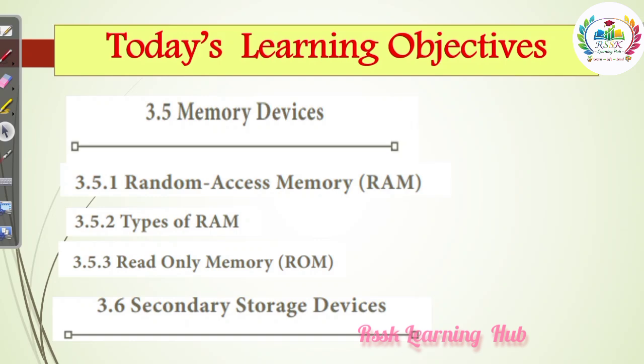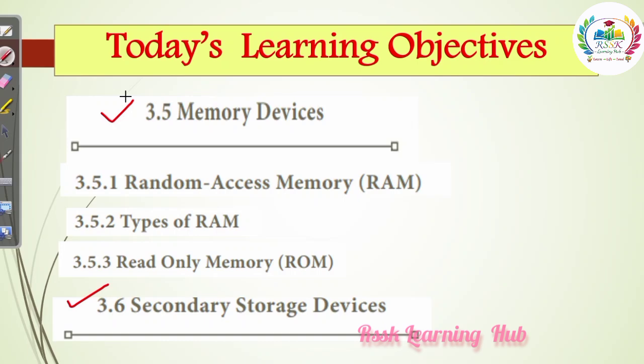Coming to secondary storage devices, we are going to learn what a hard disk is, what a CD, compact disk, is, what the use of a DVD, digital versatile disk, is, then the Blu-ray disk. These all come under your secondary storage part.